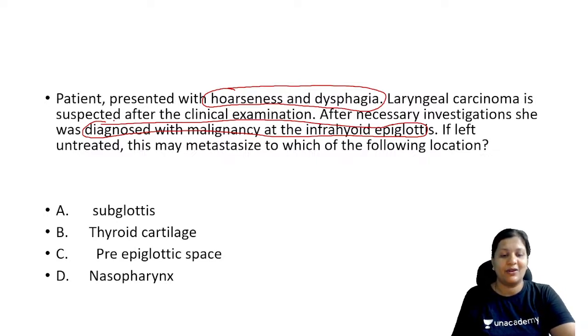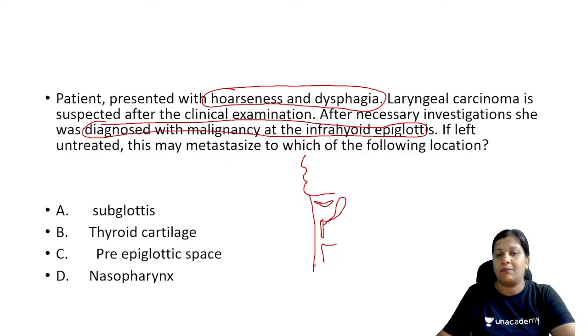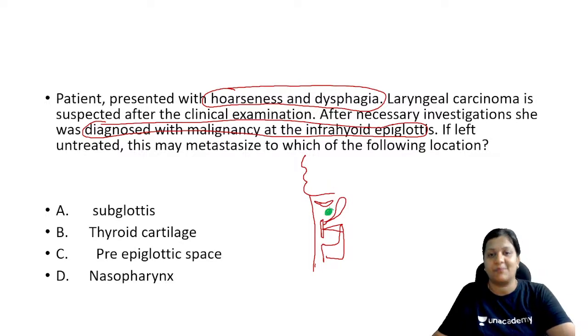Again, a very simple question. Very good, Pratishtha. So if we take this as the larynx and this as our epiglottis, this space that lies in front of the epiglottis is called the pre-epiglottic space.